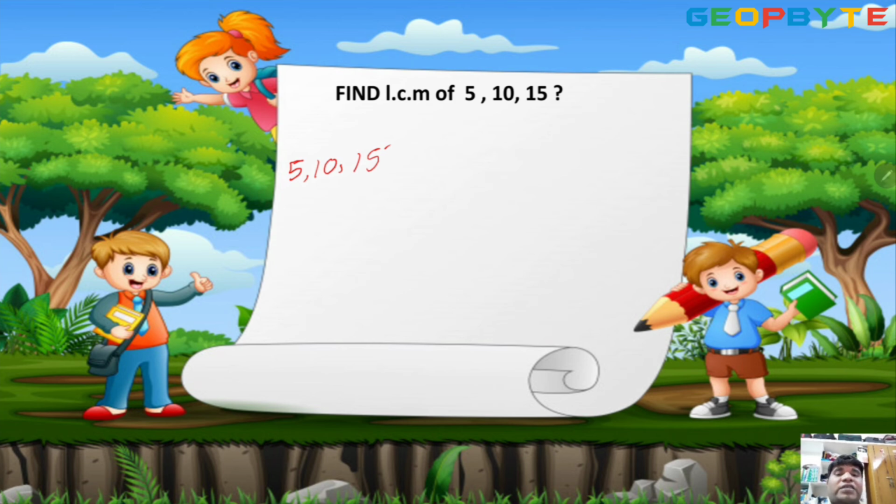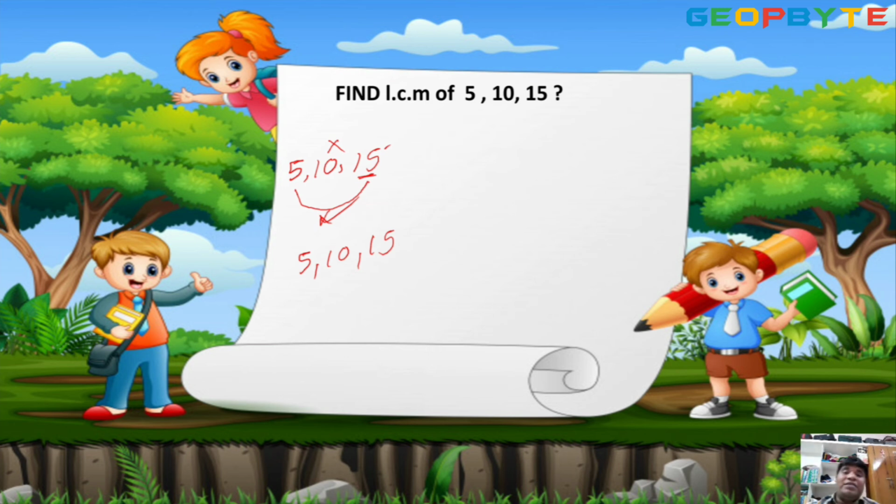Here, what is the highest number, the biggest number? 15. Is 15 divisible by the remaining numbers? Check it. 15 is divisible by 5, but not divisible by 10. So next. In a given question, if the biggest number is exactly divisible by the remaining numbers, then the biggest number is the LCM of the given numbers.